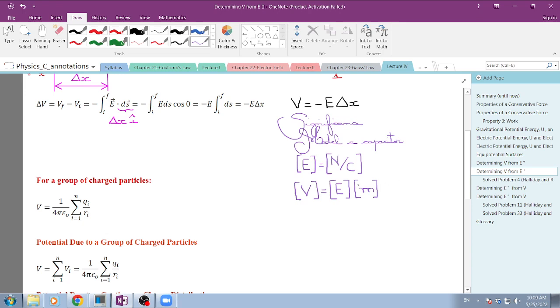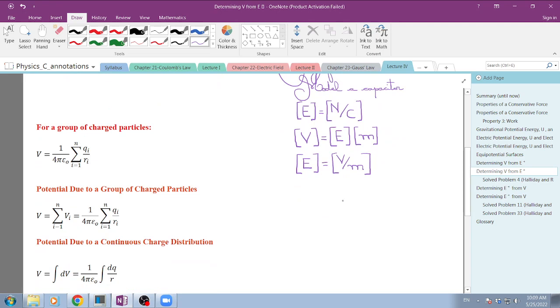So from here I can see that 1 Newton per Coulomb is equivalent to 1 volt per meter. That's very interesting. This is our conversion factor to use instead of Newton per Coulomb for the electric field.